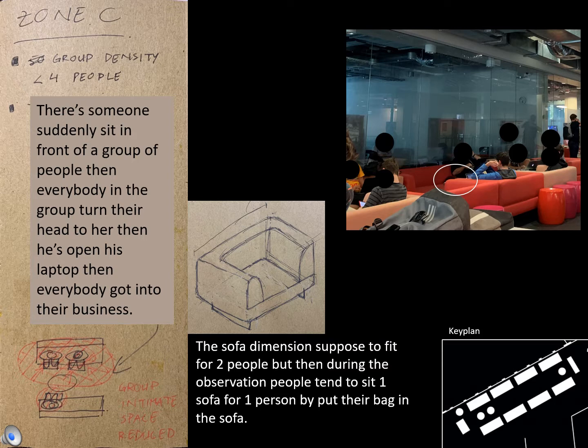They were kind of invaded; the personal space of the group was invaded by the person. The sofa dimension in zone C is supposed to fit two people, but during the observation, people tended to sit one sofa per person, putting their back on the sofa, expanding their personal space and making the sofa just for them.